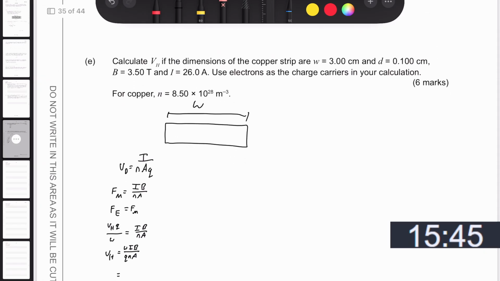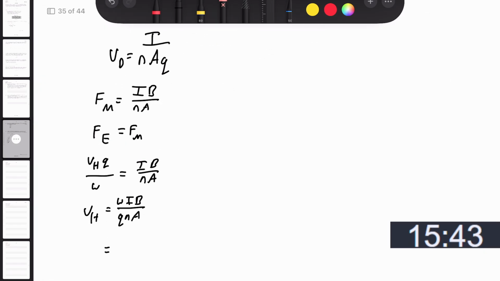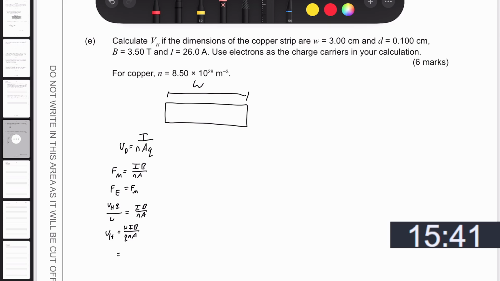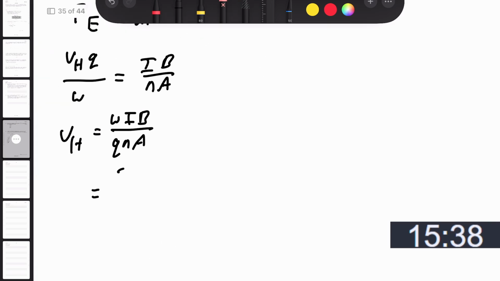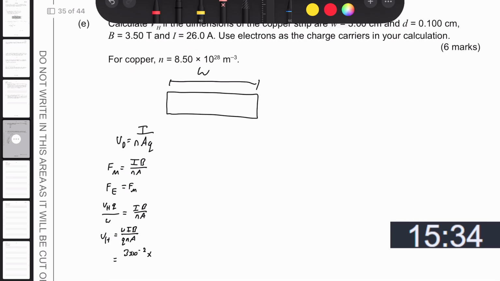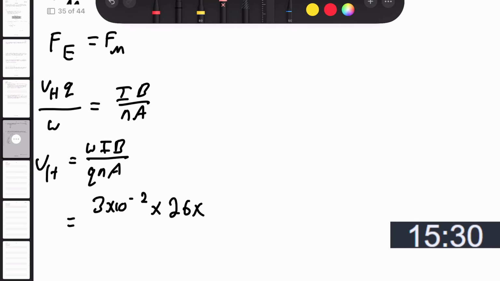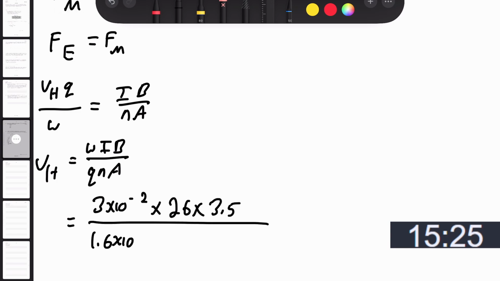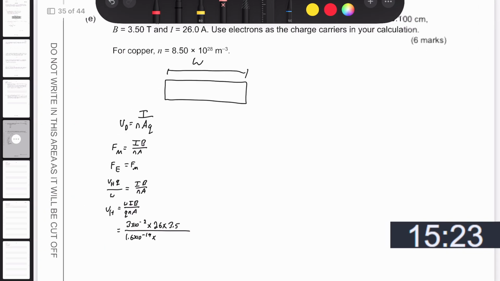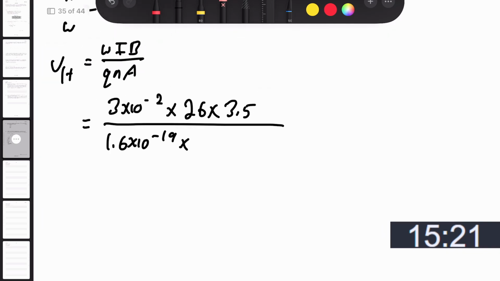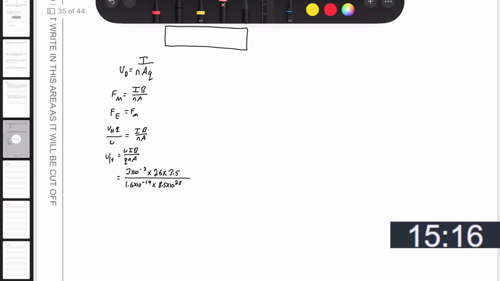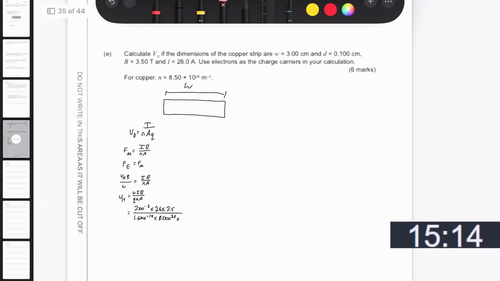Let's just do this: V_H is equal to 3 centimeters, 3 times 10 to the negative 2, times I, which is 26, times 3.5 Tesla, over 1.6 times 10 to the negative 19 times 8.5 times 10 to the 28, times area. What's the area?